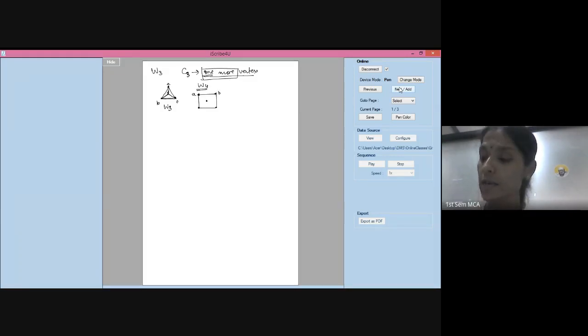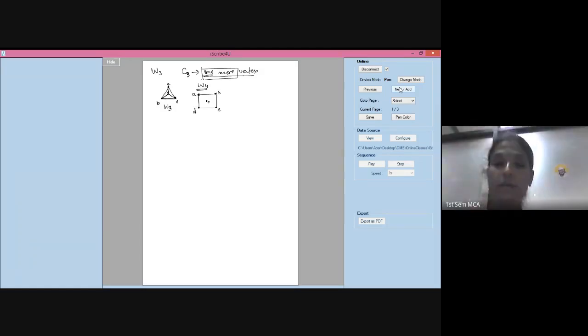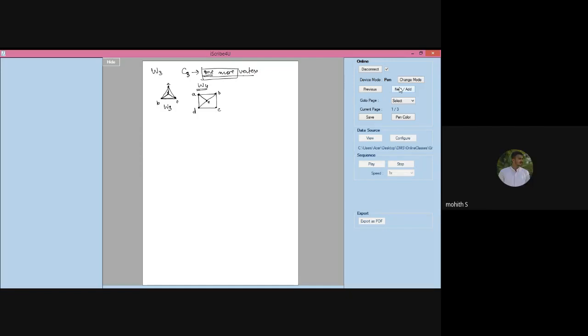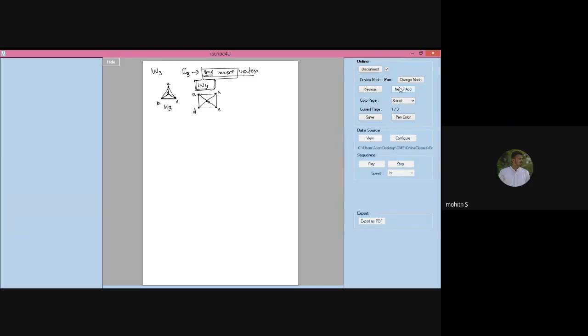This is A, this is B, this is C, this is D. Let me call it E. This new vertex has to be joined to all the existing vertices. So A to E I am joining, B to E, D to E, C to E I am joining. This becomes a wheel of W4. Clear to you all?